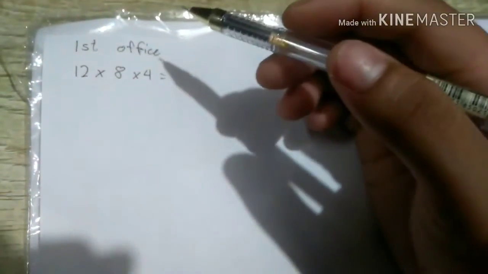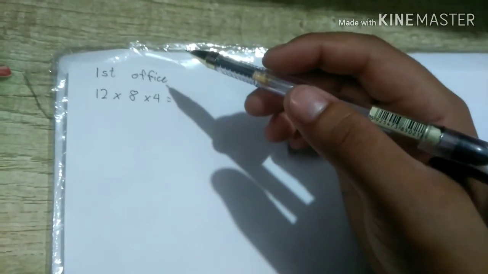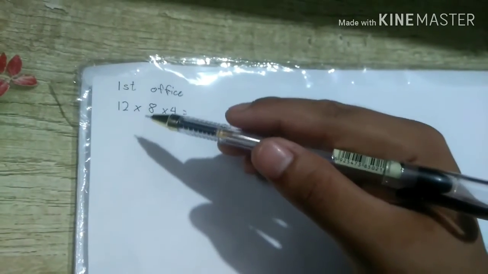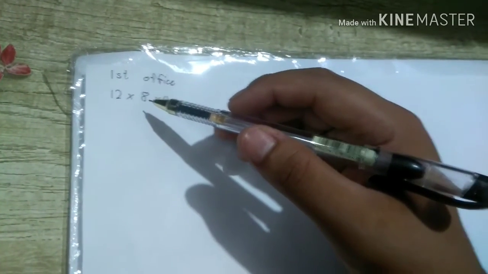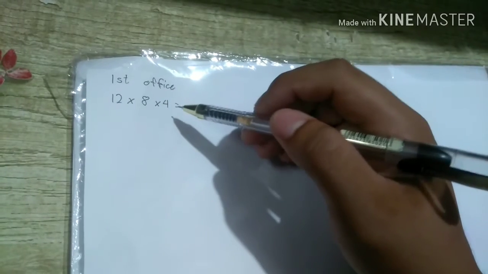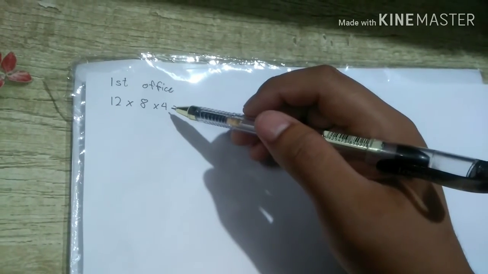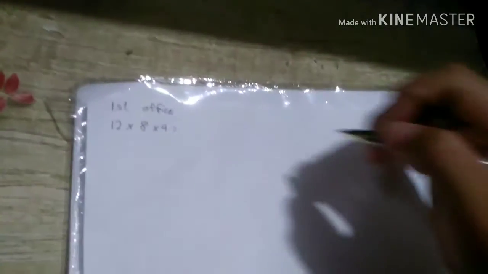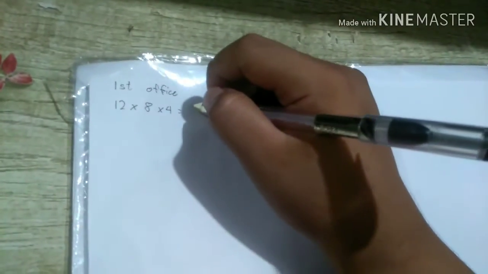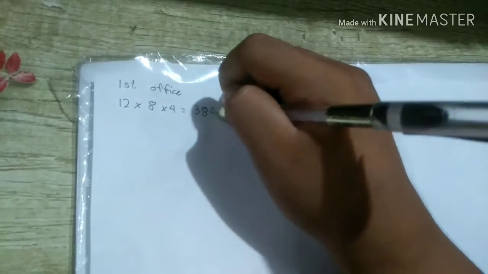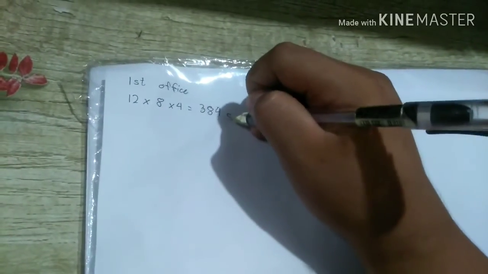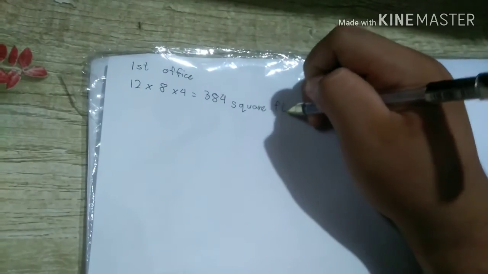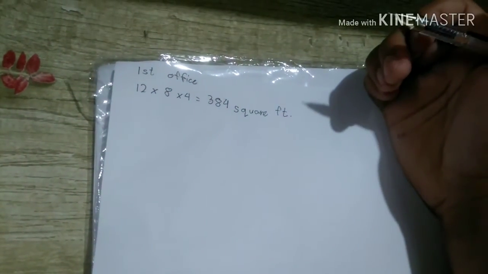So in the first office, it is 12 by 12 long, and it's 8 feet high, and the office has 4 walls, which we multiply together, and it will result to 384 square feet.